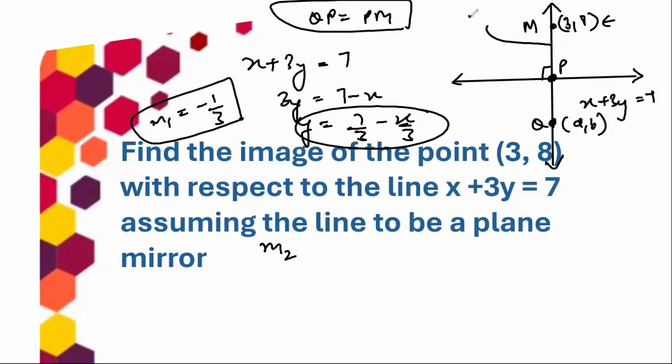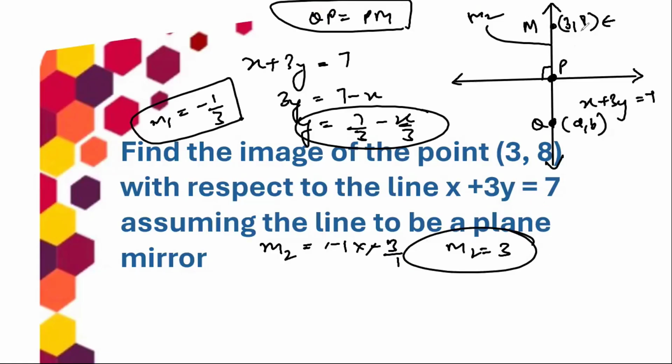So the slope of the mirror line, let's say m1, is -1/3. Because they are perpendicular, we can find the slope of line MQ, m2. When two lines are perpendicular, the product of their slopes is -1. So m2 = 3. The slope of line MQ is 3.